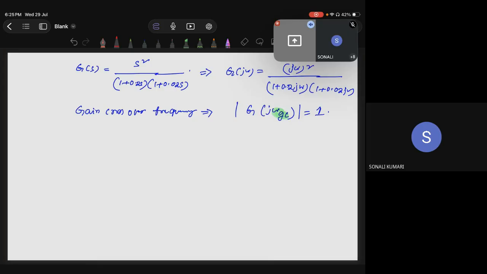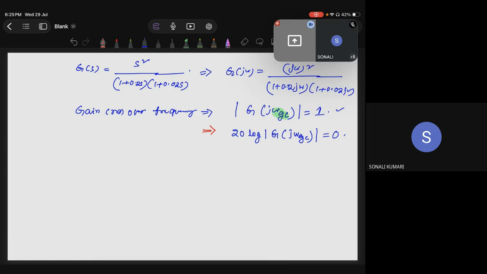That means 20 log of mod G of j omega gc becomes 0. When you take 20 log of this equation, that will become 0.